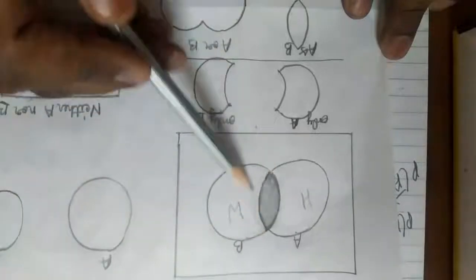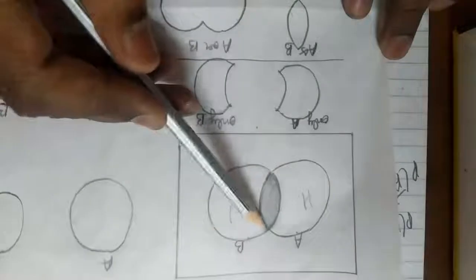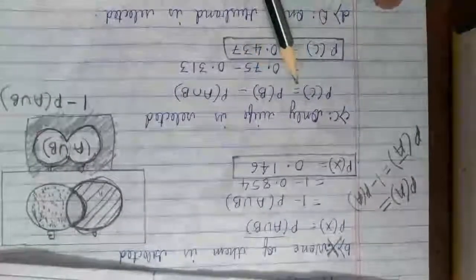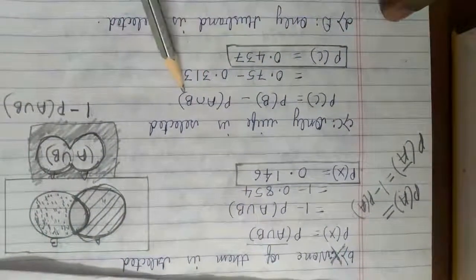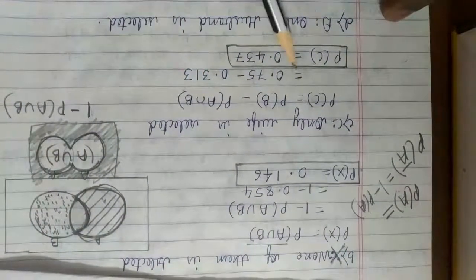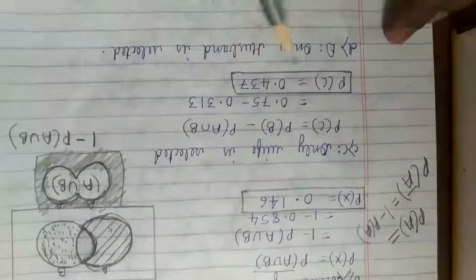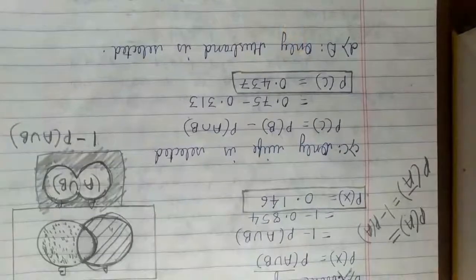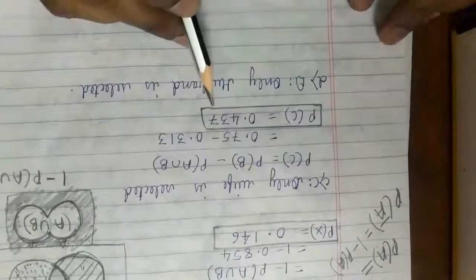If you remove intersection of A and B, you will get only wife is selected, right? So in this case, probability of C is equal to probability of B minus probability of A intersection B, right? Which is equal to 0.75 minus 0.313, which is equal to 0.437. So this is how you have to solve this thing.